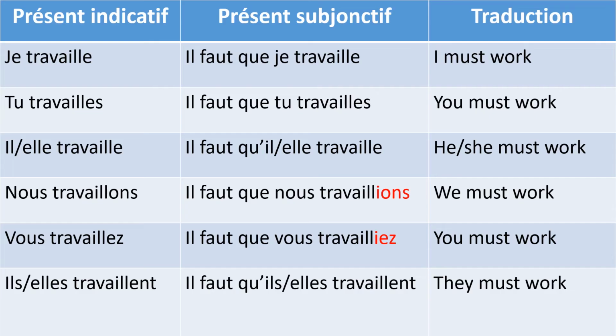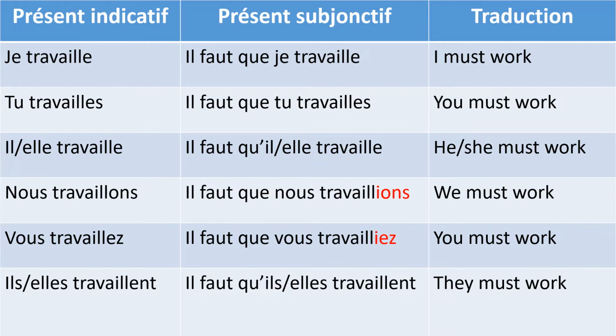This leads me to the formation of the subjunctive. To help you, I have come up with a table. On the left, you're going to see présent indicatif, which is our indicative, present. Présent subjonctif, which is what I would like to teach you today.